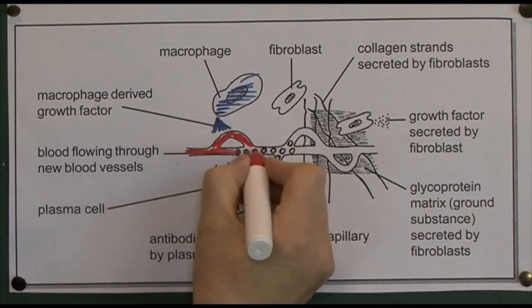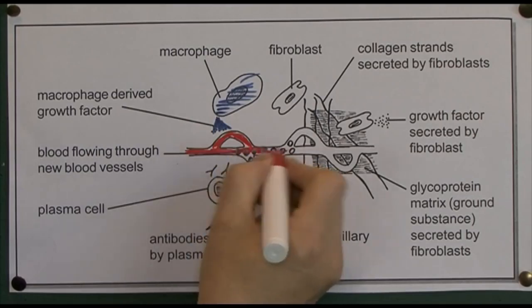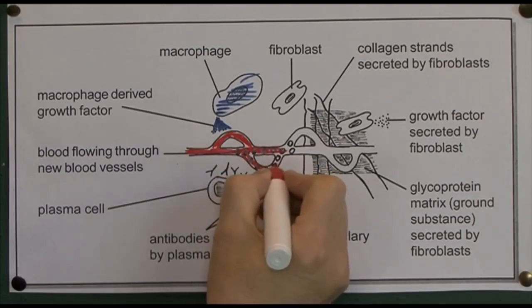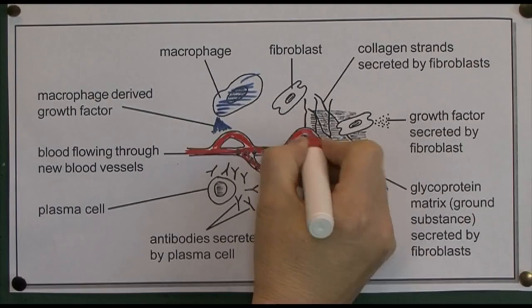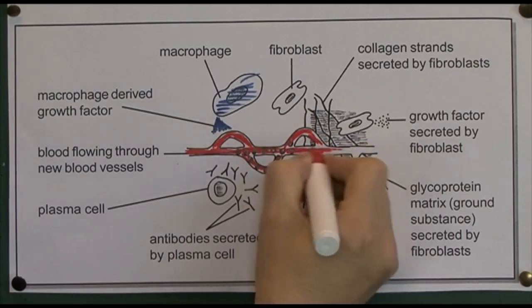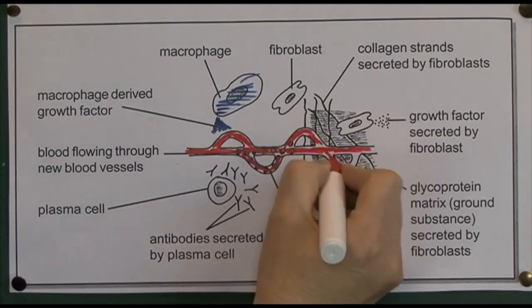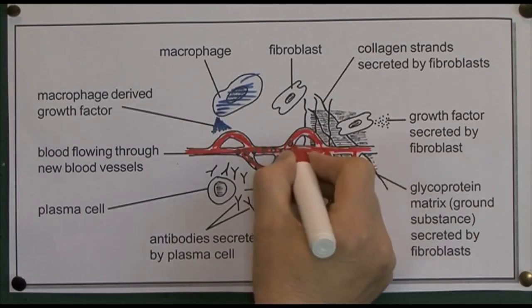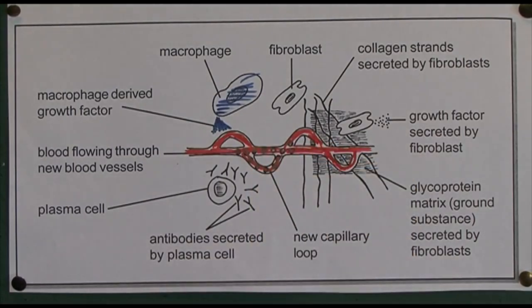These are the individual red cells here. Blood vessel formation with capillary loops, and the capillary loops taking blood to all parts of the granulation tissue, generated by the process of angiogenesis.